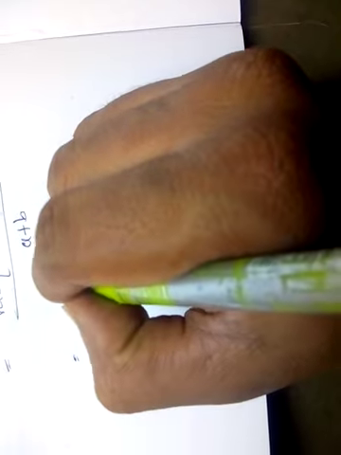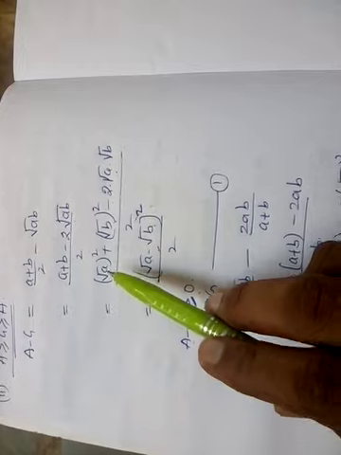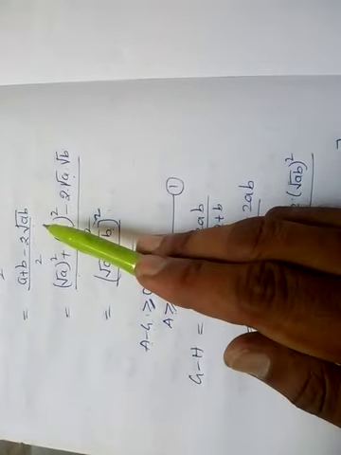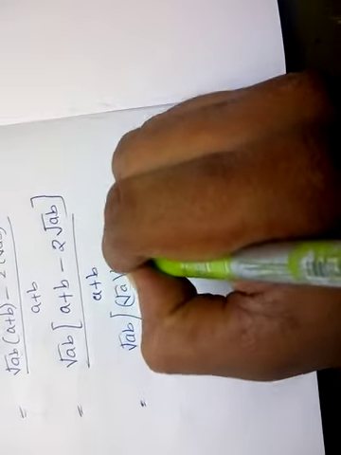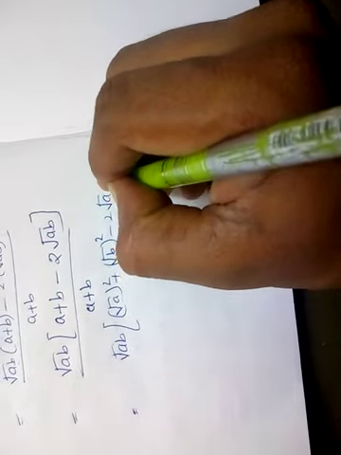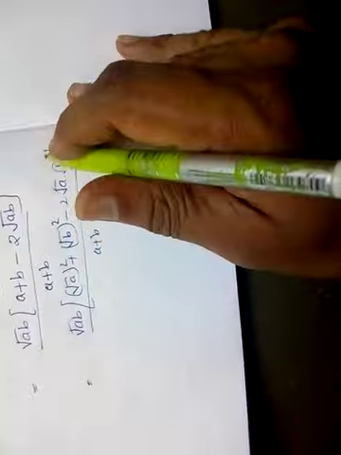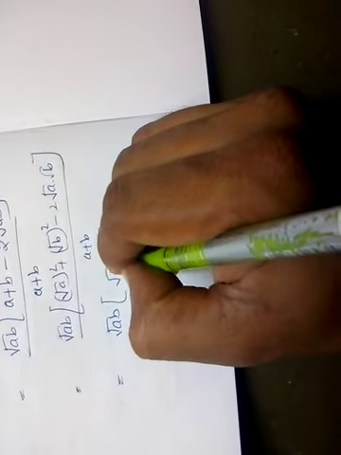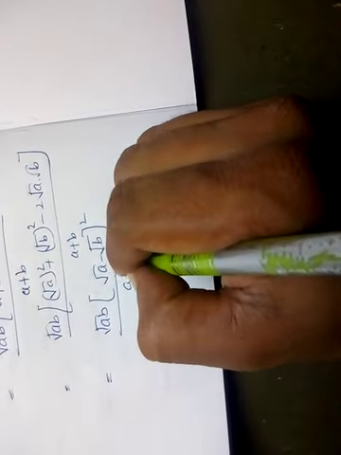Here we already discussed the same procedure. A can be written as square root of A whole square, B can be written as square root of B whole square. So square root of AB into (square root of A minus square root of B) whole square by (A plus B).